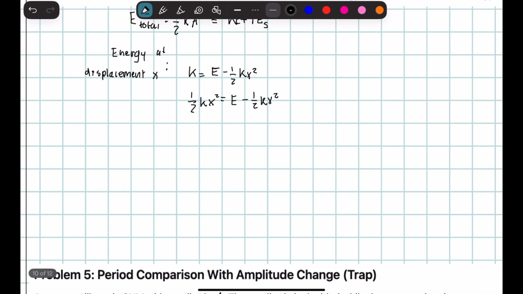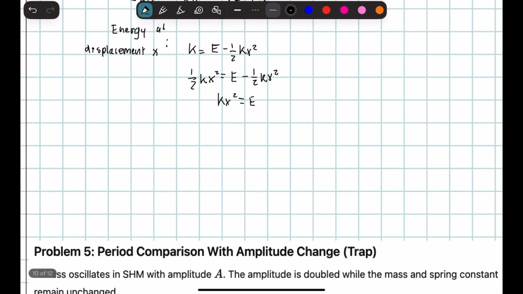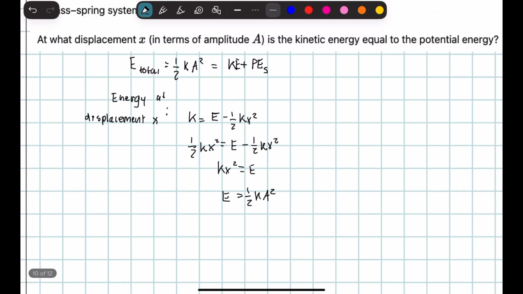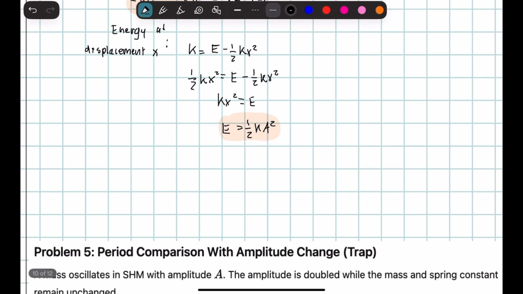So we have kx squared is equal to E, and we know that E is equal to 1/2 k times A squared, from up here. Right, so then you have x squared is equal to A squared over 2. Then you have x is equal to A over the root of 2.